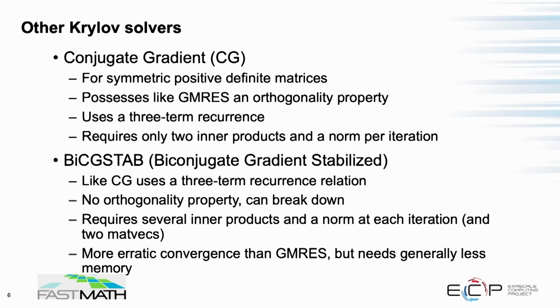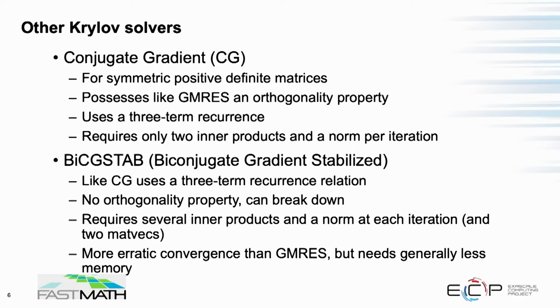Because conjugate gradient does possess some really nice properties, folks have come up with another method for non-symmetric matrices, because CG is limited to the certain type of problem it can be applied to. So similar to CG, BiCGSTAB uses this 3-term recurrence relation, but it does not have this orthogonality property.